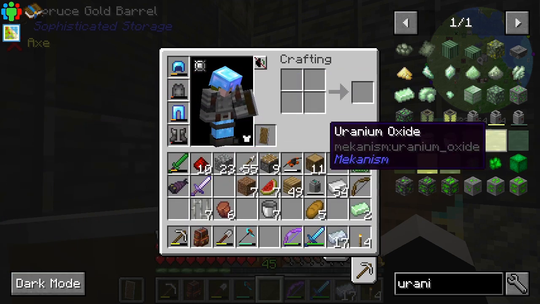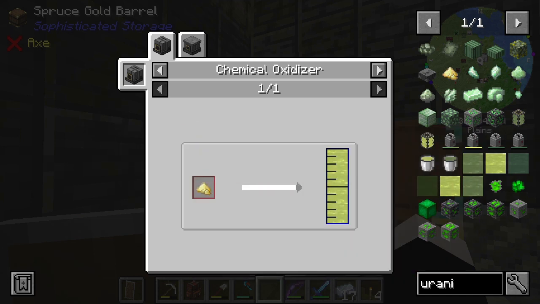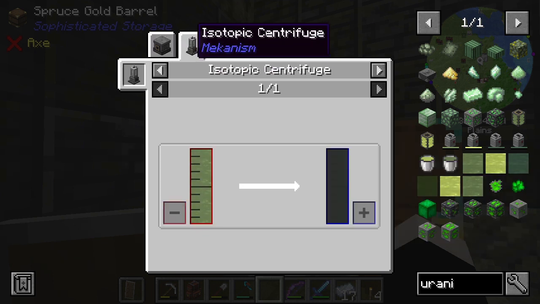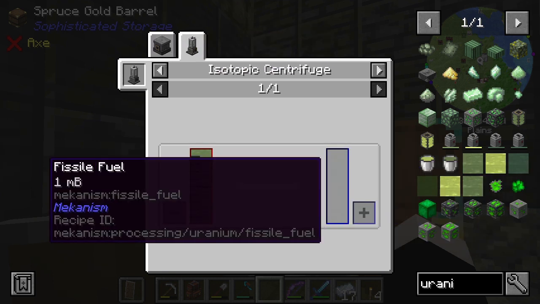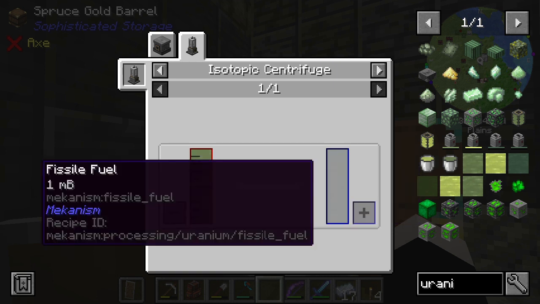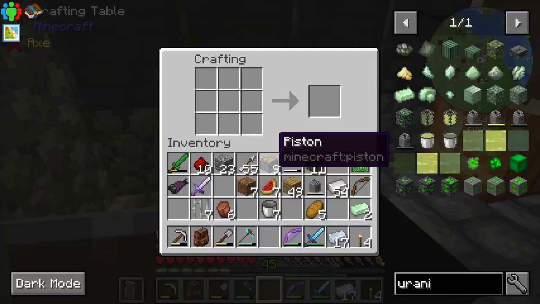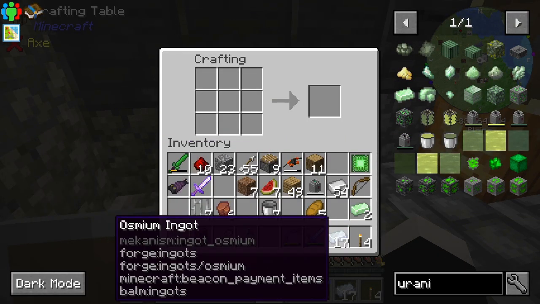Oh, but that's not the end of the process, is it? No, the uranium hexafluoride has to be run through an isotopic centrifuge to make fissile fuel. Fortunately, it's like a 1-to-1 ratio, and I do have another advanced tank lying around, so it shouldn't be too much trouble.